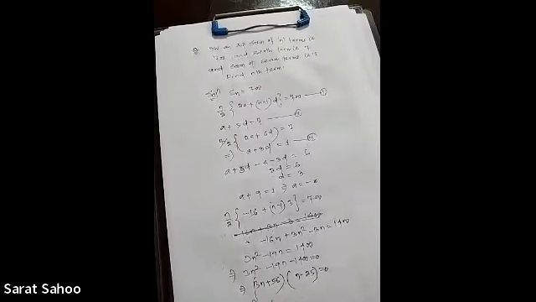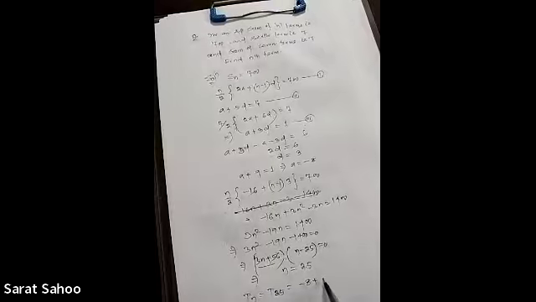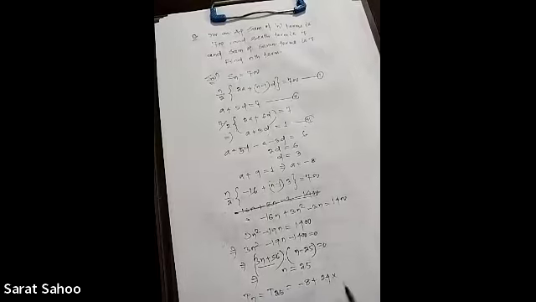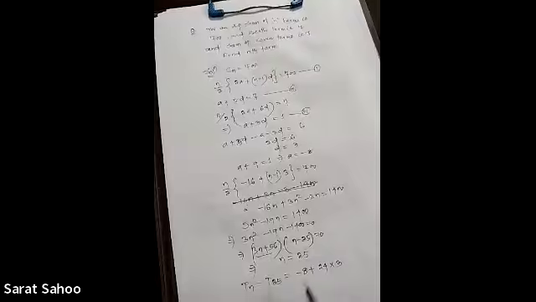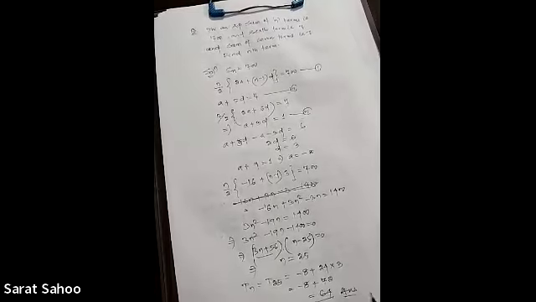So n is equal to minus 56 by 3, which is impossible. N is equal to 25. We have to find Tn, that is T25. T25 is equal to a plus (n minus 1) into d, a is minus 8, 24 into d, d is 3. So minus 8 plus 72, which is equal to 64. This is the answer.